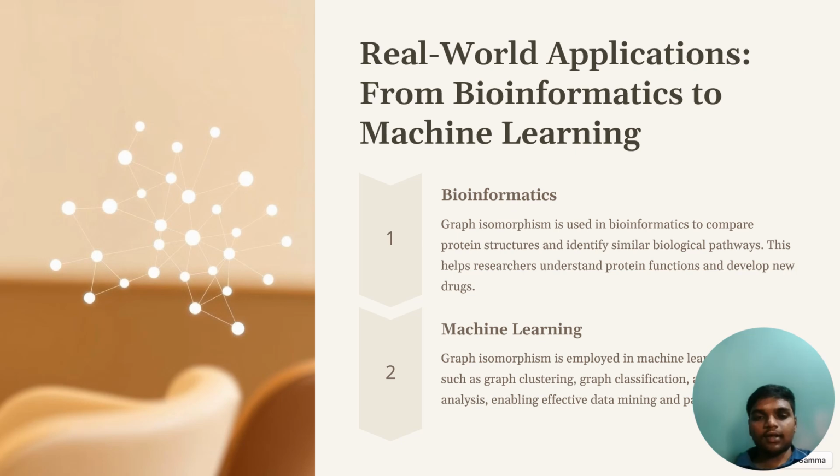Challenges in graph isomorphism. The graph isomorphism problem is considered to be one of the major unsolved problems in theoretical computer science. Unlike many other problems in computer science, such as sorting or searching, the graph isomorphism problem does not have any efficient algorithm that works in all cases.